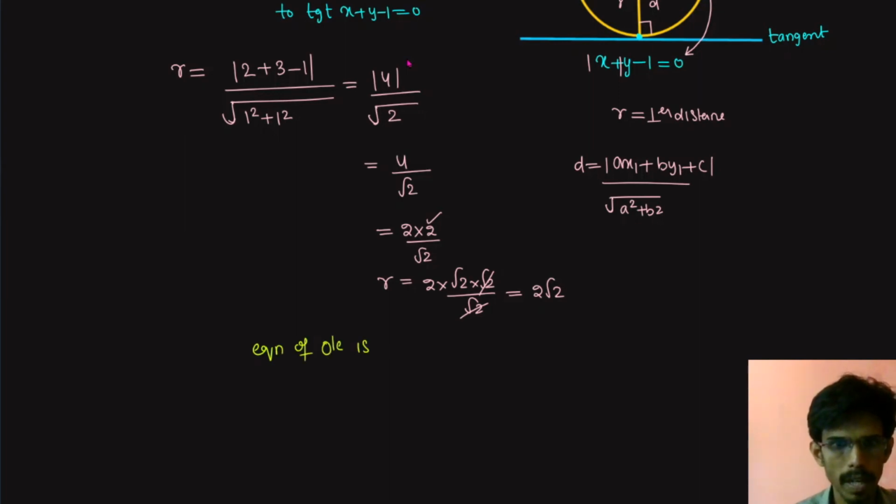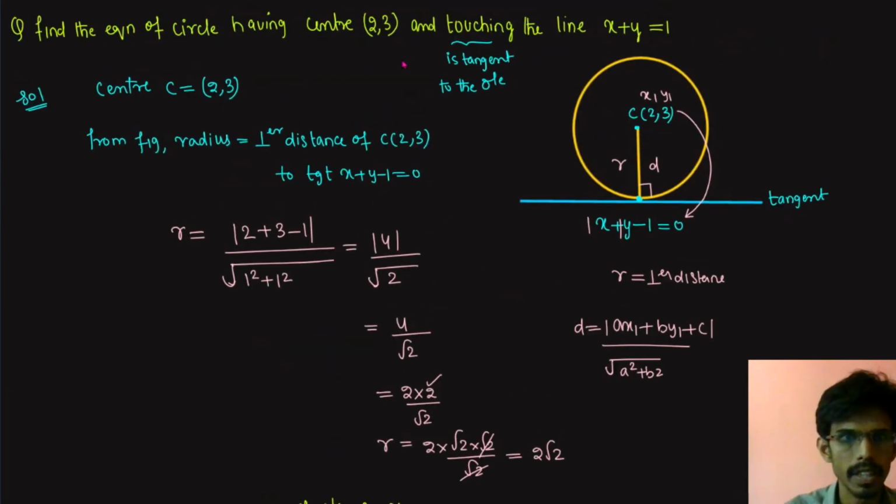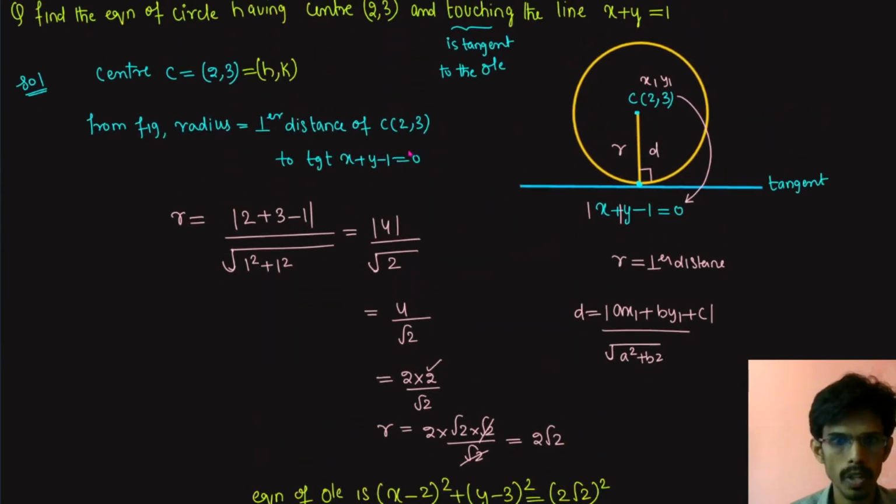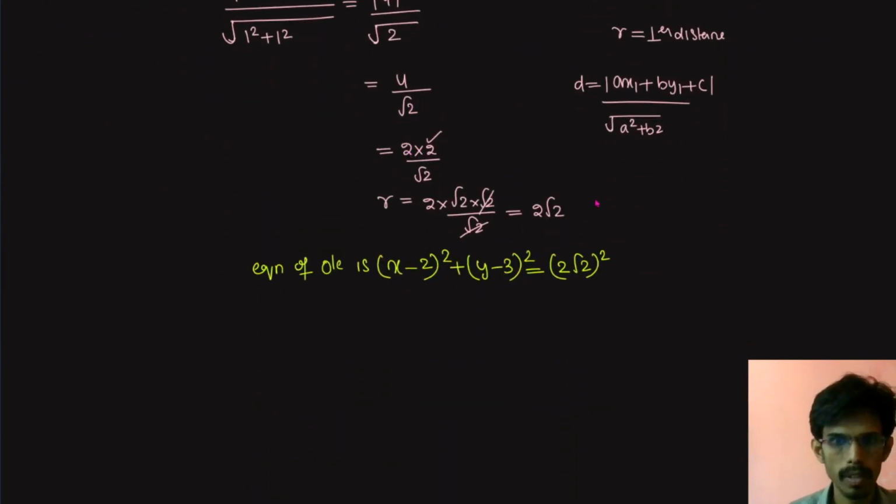Equation of circle is (x minus h) square. Here h comma k is the center, so h value is 2. (x minus h) whole square plus (y minus k), k value is 3, whole square equal to radius square. Radius is 2 root 2 square. Okay, (x minus h) whole square plus (y minus k) whole square equal to r square is the formula.